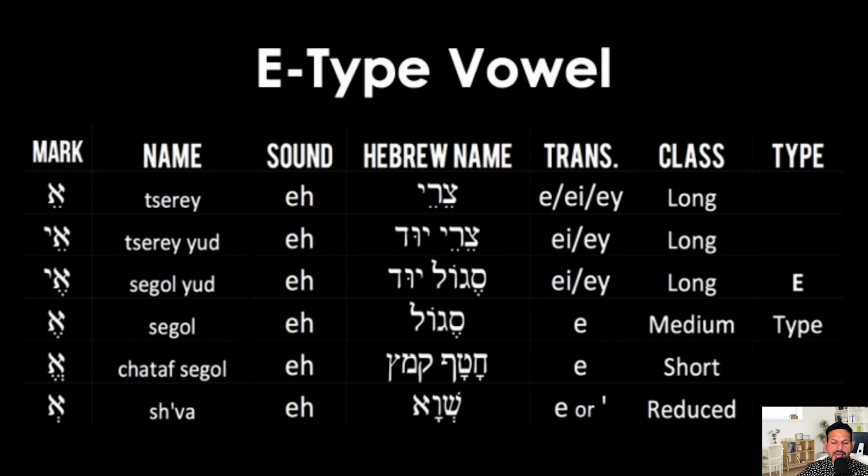And a shva na can give us an e sound, or a glottal stop if it's a shva nach. So the last option there is a shva, and the shva requires you to use a shva to spell shva.